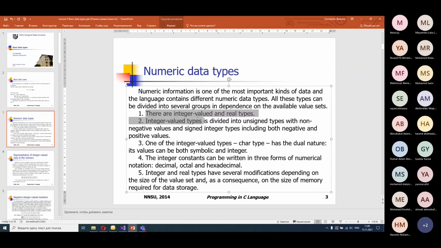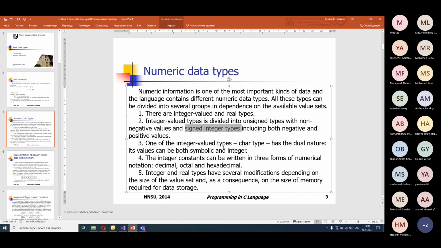The first division is into integer valued data types and real valued data types. Integer valued types are divided into unsigned types for non-negative numbers and signed types for negative and positive numbers.